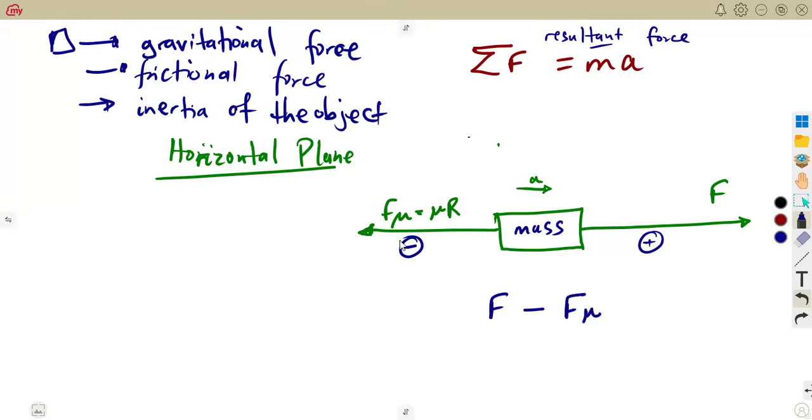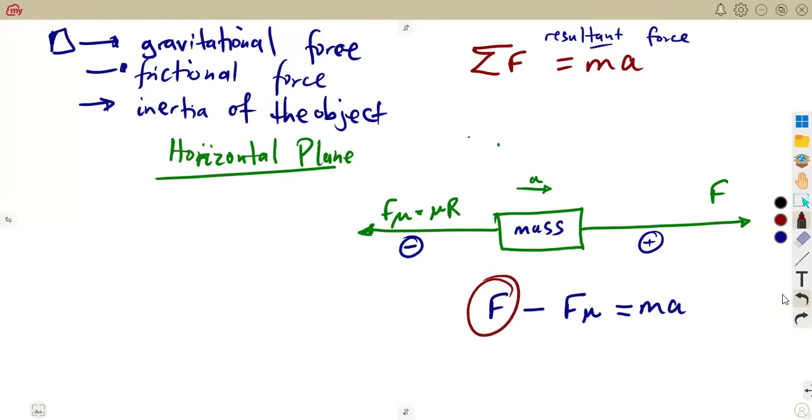Is there any other force that can affect it? There's nothing else that we have there. So it is going to be the applied force minus the frictional force equal to, sorry guys, this is supposed to be equal to MA.